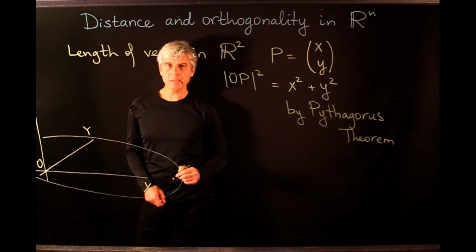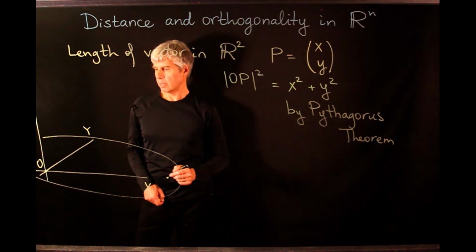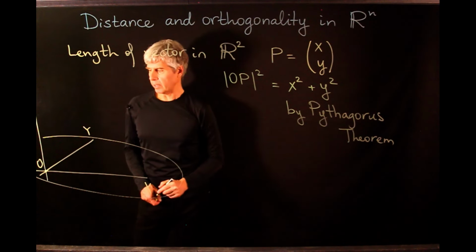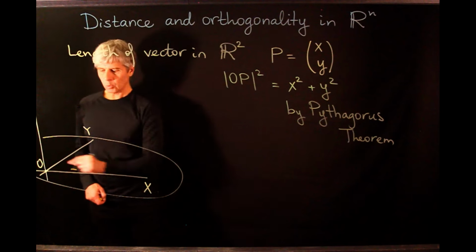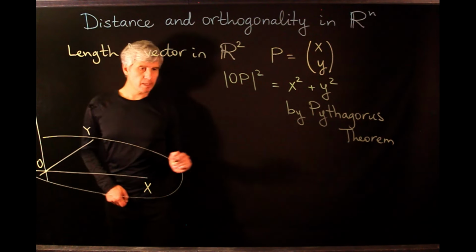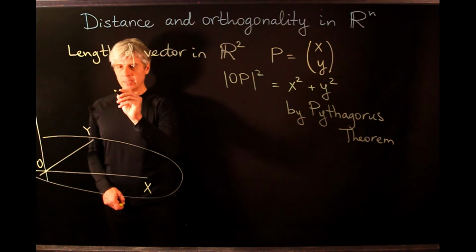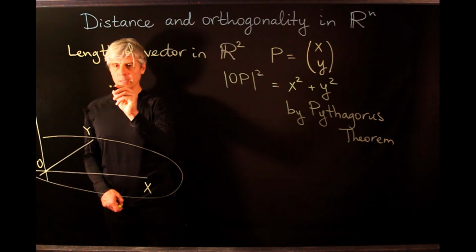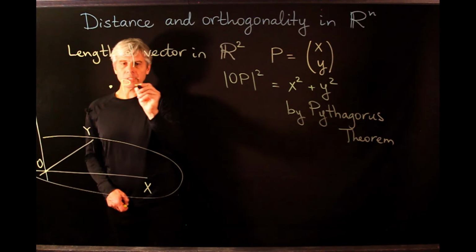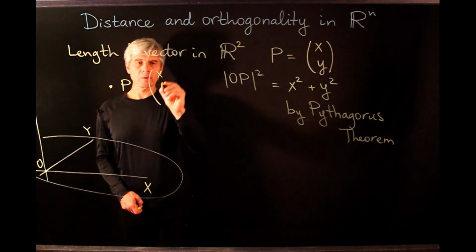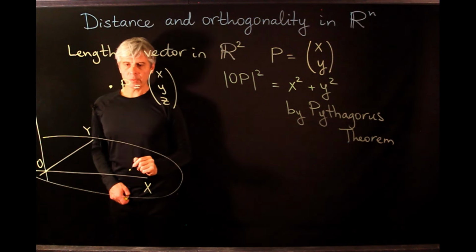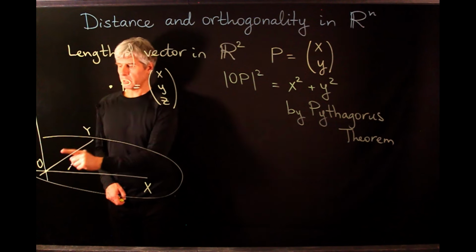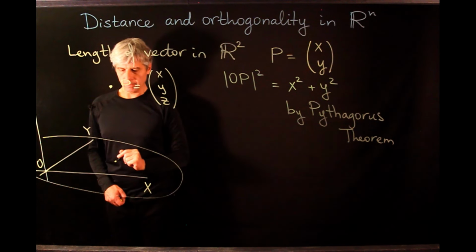Let us consider the same problem in R3. Suppose we have an orthogonal coordinate system in R3, and O is the origin, and we have a point P somewhere in space with coordinates x, y, and z. How can we calculate the distance between O and this point P?